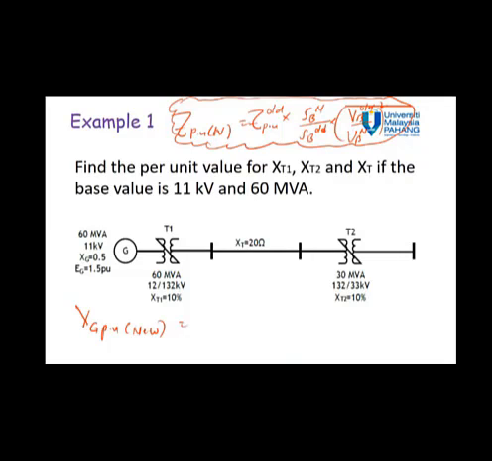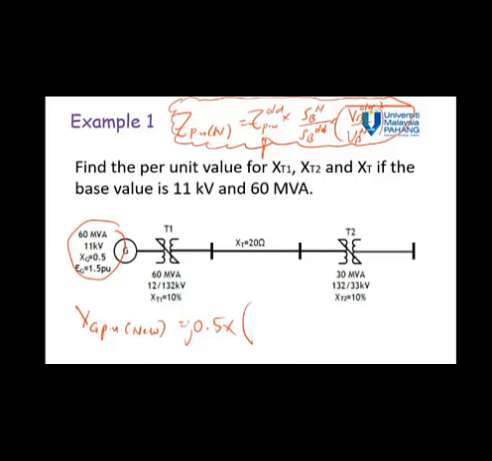So what are these parameters? For the generator, Xg per unit old is equal to j0.5, times S base new over S base old.